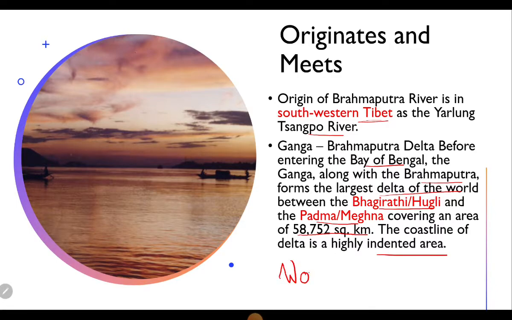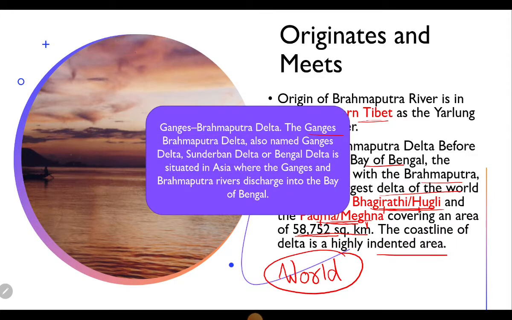Not one of the largest, it's the largest delta in the world, between Bhagirathi and Hooghly, both of which are Ganga only, and Padma and Meghna. Bhagirathi-Ganga and Hooghly are both a mixture; Padma, Ganga and Meghna are both mixtures, covering an area of 58,752 square kilometers.